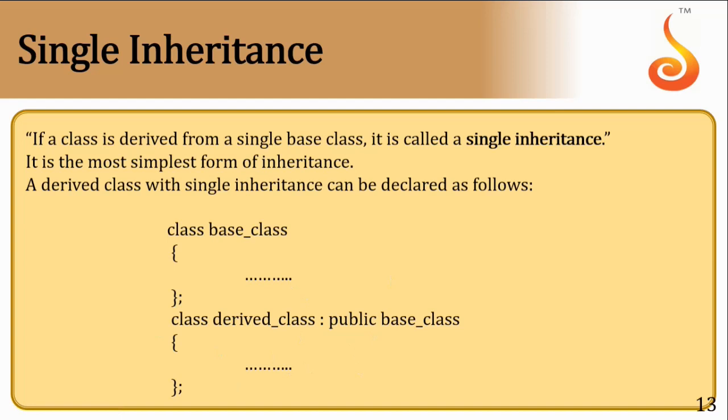This is single inheritance, and normally they'll ask you what is single inheritance and explain it with a programming example. You can write a very simple program over here, or I have written programs in the class. You can just go through that, you will know.